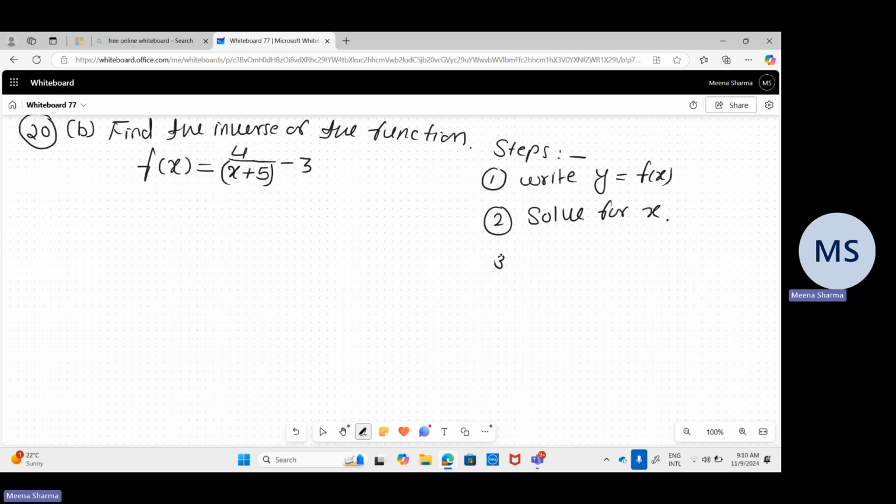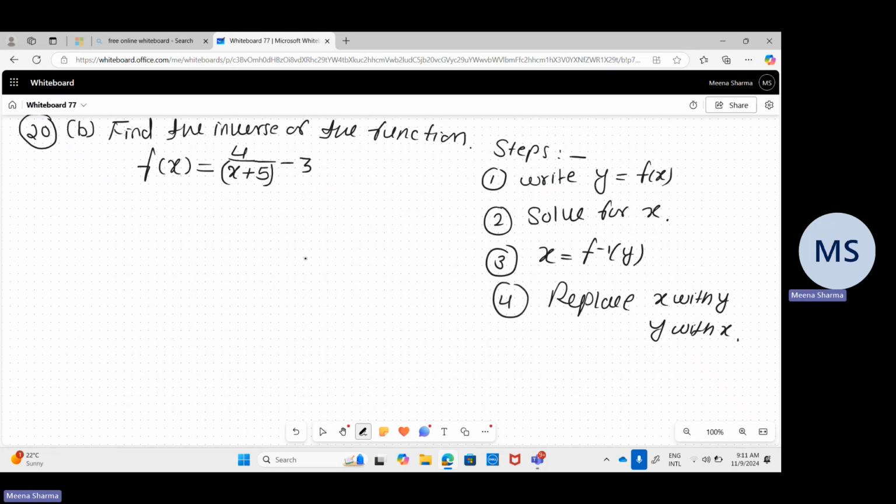In the third step, we will write x equal to f inverse of y. And in the last step, we are going to replace x with y or y with x, depending on the situation.